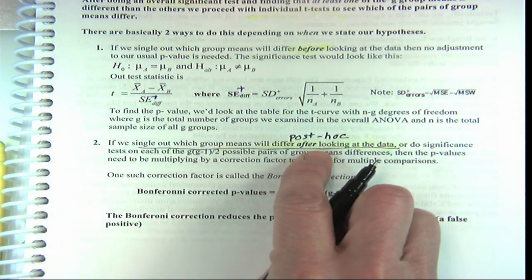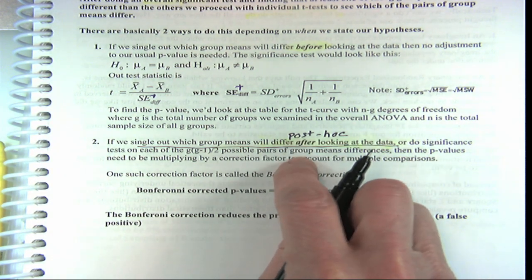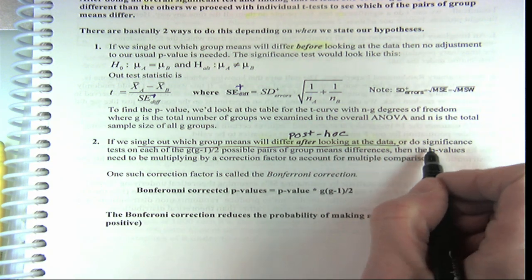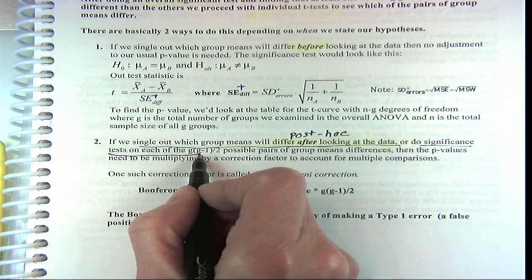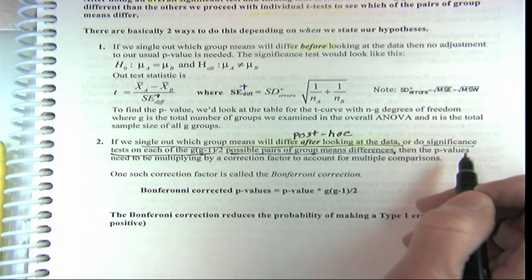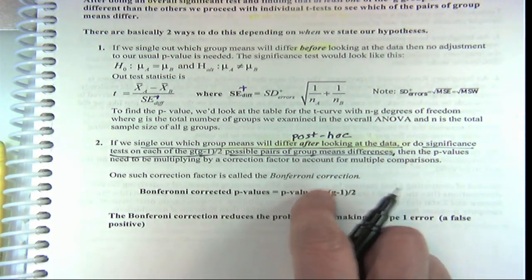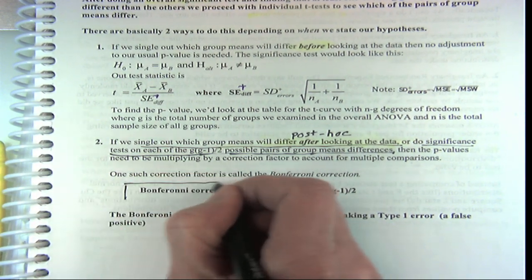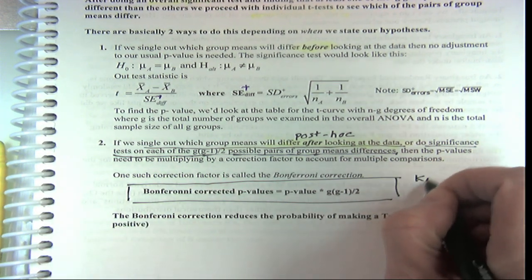That's the title of this chapter, after looking at the data, or do significance tests on each of the G times G minus 1 over 2 possible pairs of group mean differences, then you need to use this correction or some other corrections. There's other ways, but this is the one we're learning. And here it is. So this will not be given to you, and you have to know this.